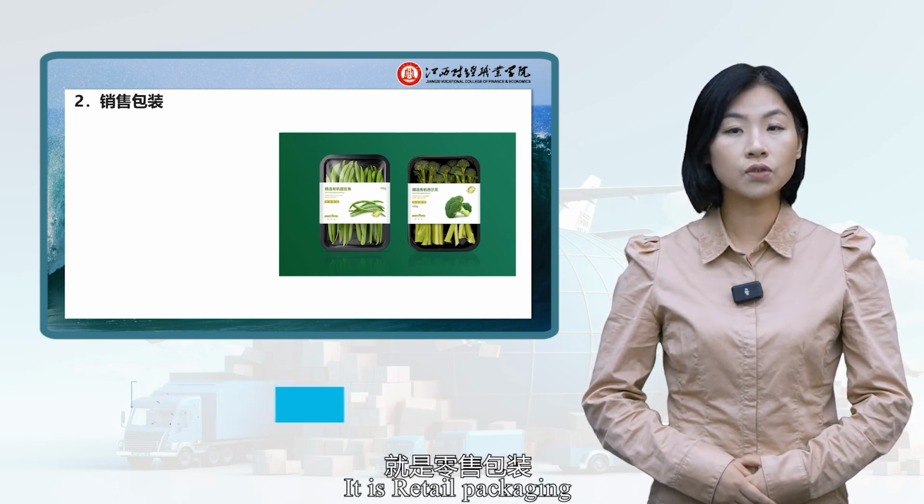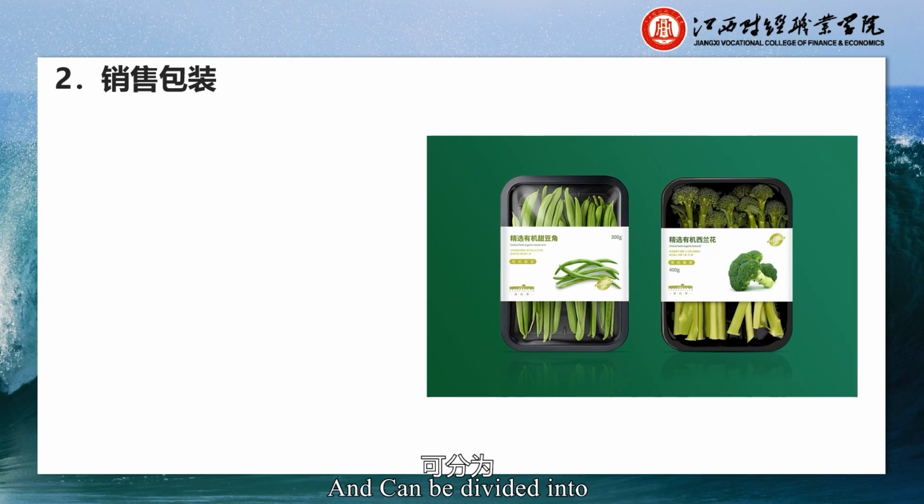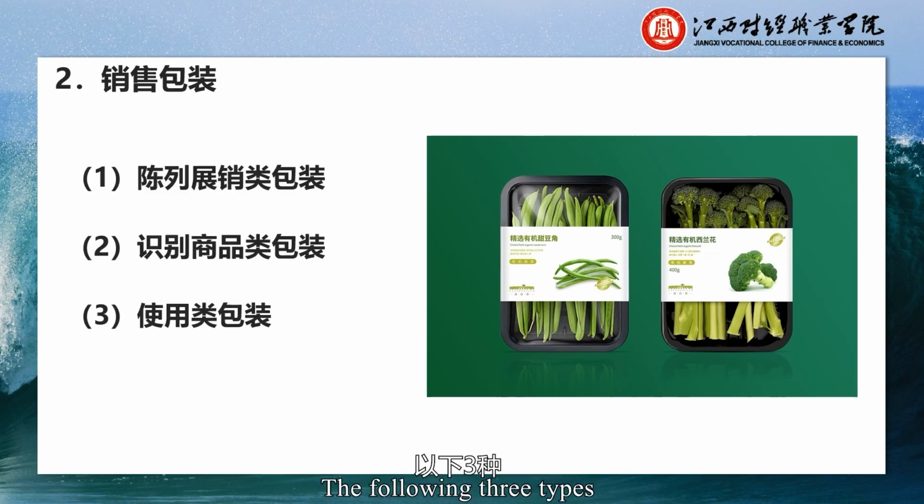In fact, it is retail packaging and can be divided into the following three types: display sales packaging, identification product packaging, and usage packaging. Display sales packaging is used for displaying goods on store shelves and usually includes hang-in packaging, stacking packaging, and unfolding packaging, etc.